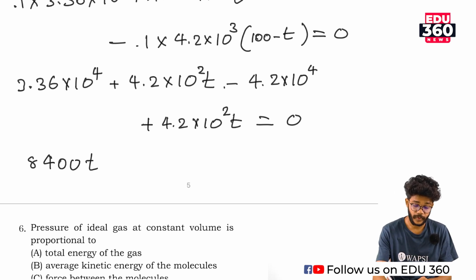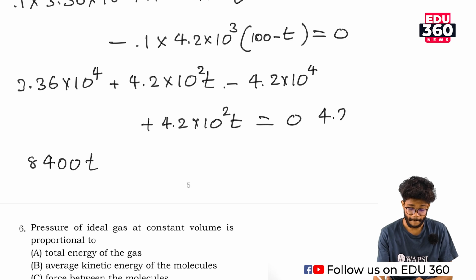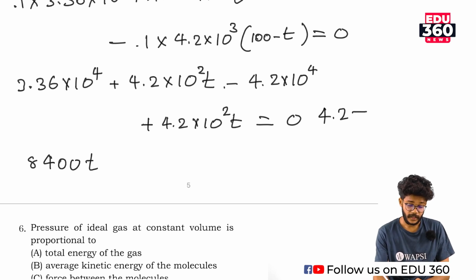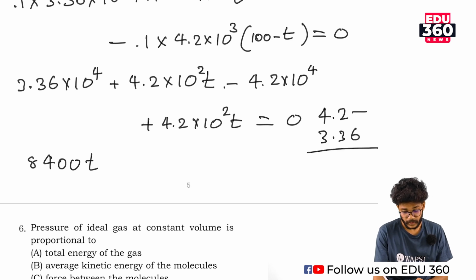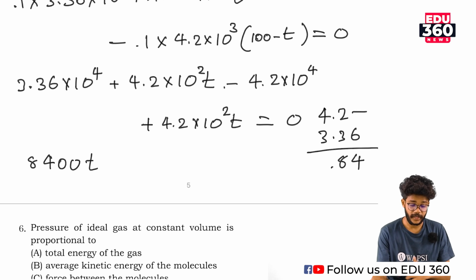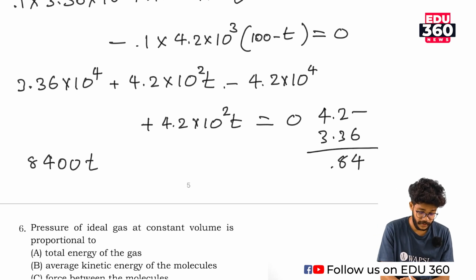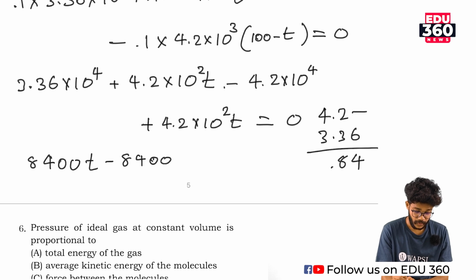Then minus 4.2 into 10 raised to 4 plus 3.36 into 10 raised to 4. That means 4.2 subtract 3.36, which gives 0.84, so 0.84 into 10 raised to 4 is 8400, minus 8400.